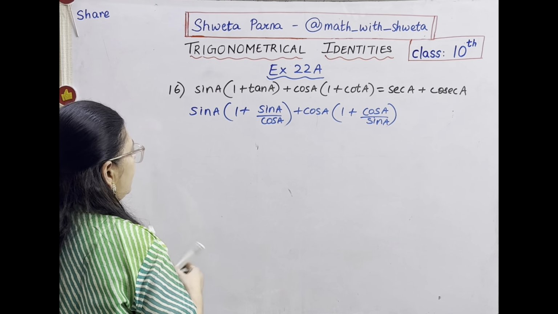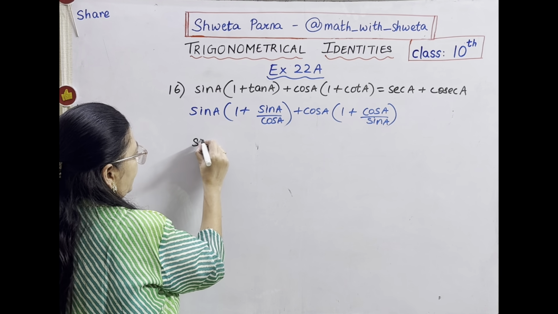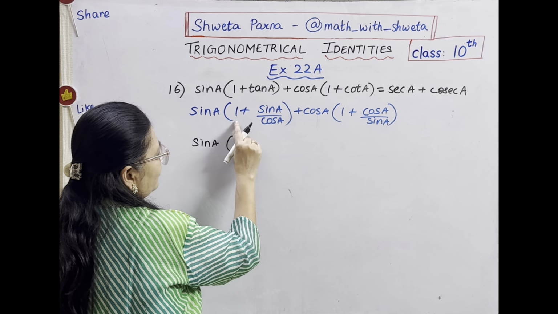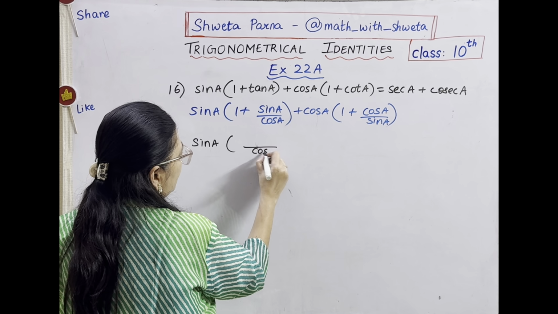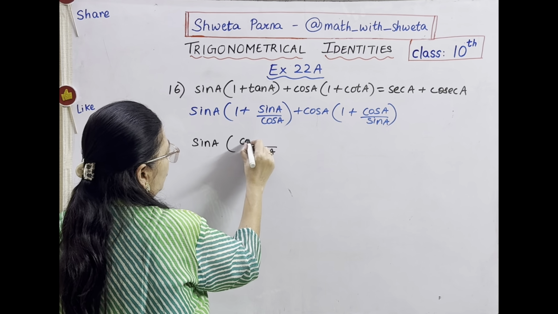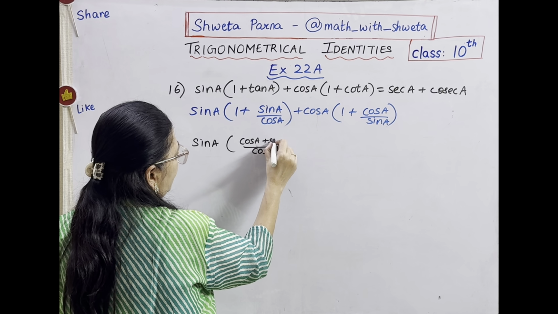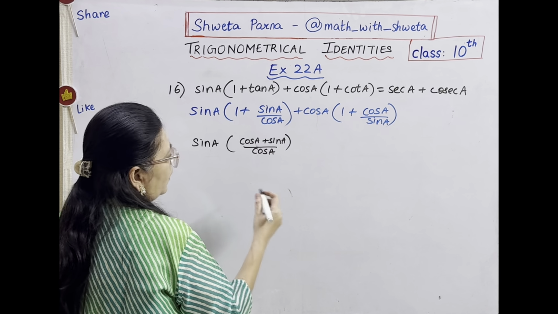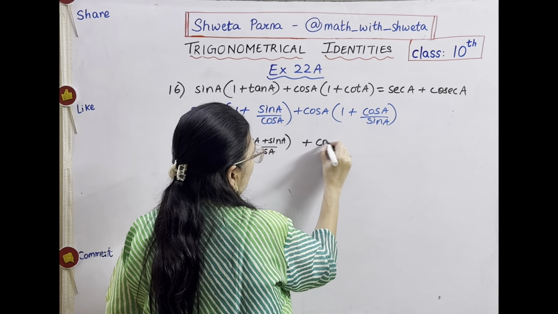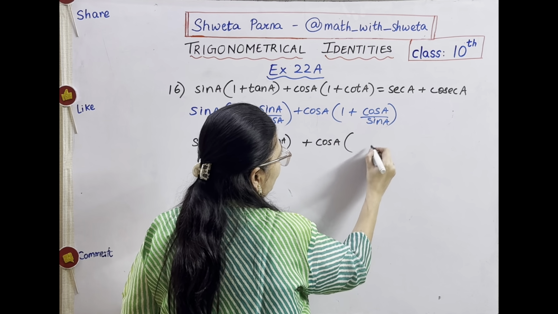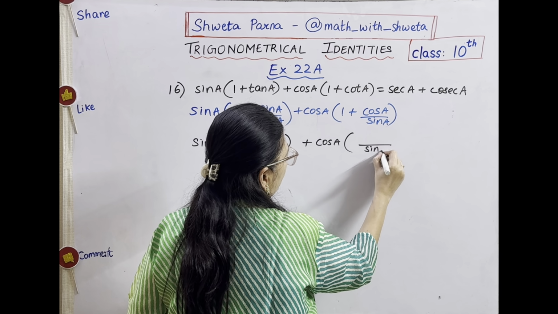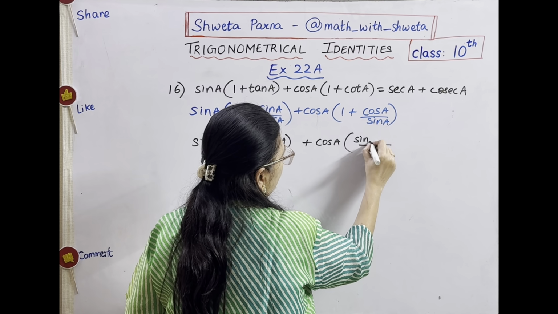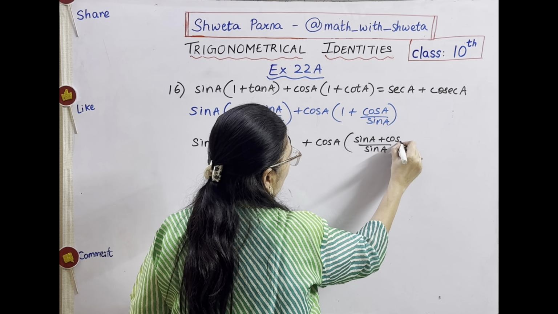Now let's take the LCM over here. So this is sin A into the LCM, which is cos A. What you will get? Cos A plus sin A. Here plus cos A into LCM is sin A. So this is sin A plus cos A.